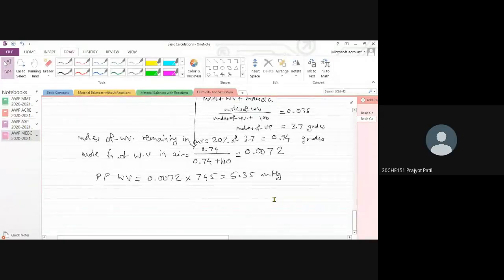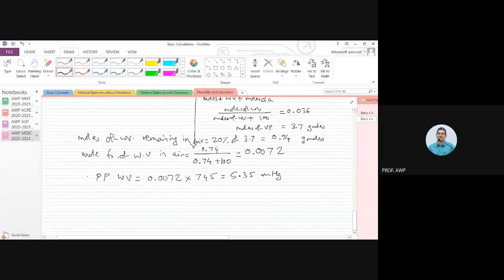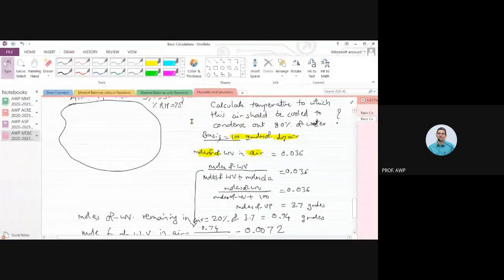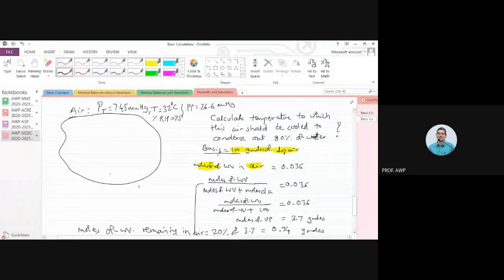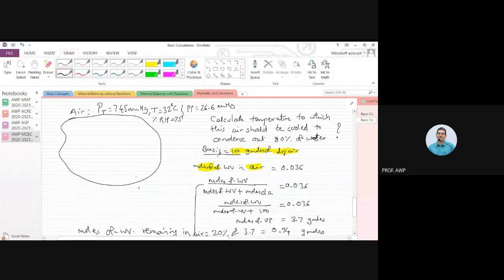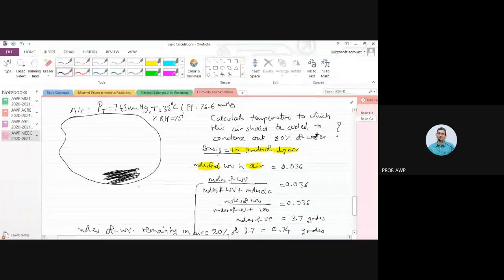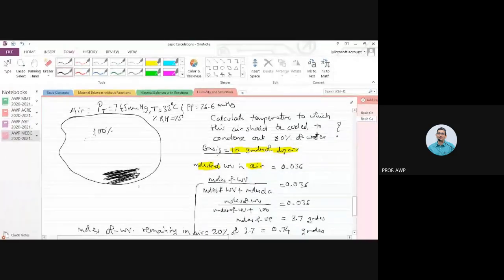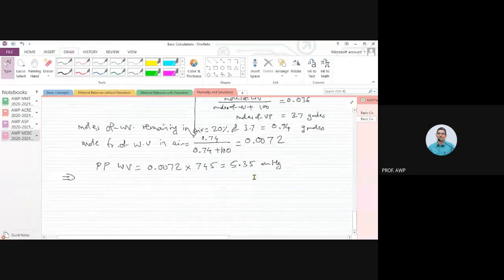Now one important statement: the air that has been cooled, liquid water has condensed out, so I have liquid water that has formed. The air that is there is now 100% saturated. It has 100% relative humidity because water has condensed from that air.